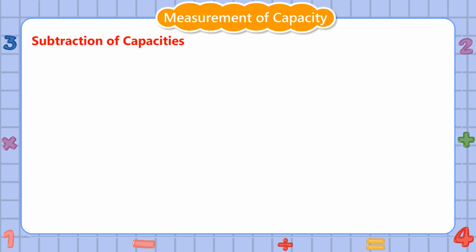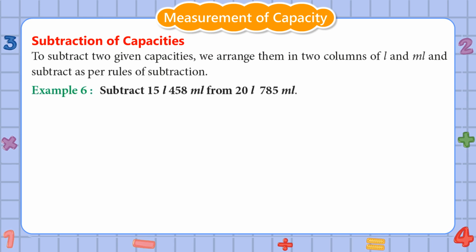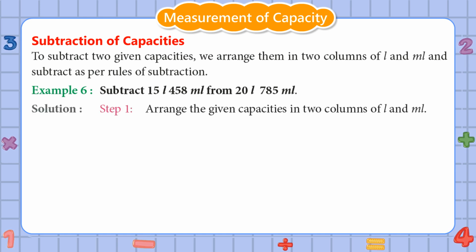Subtraction of capacities. To subtract two given capacities, we arrange them into columns of liter and milliliter and subtract as per rules of subtraction. Example 6. Subtract 15 liters, 458 milliliters from 20 liters, 785 milliliters. Solution.